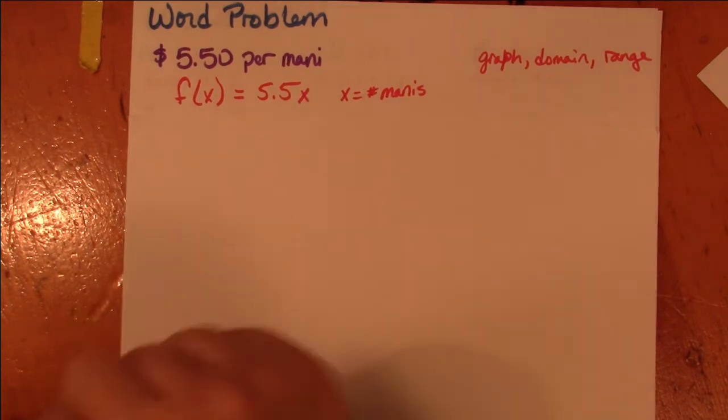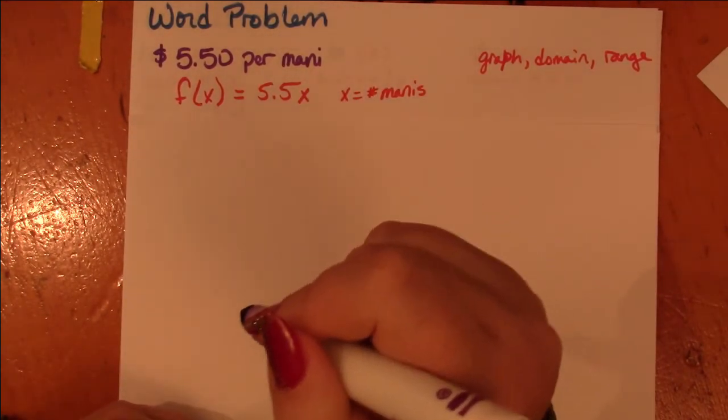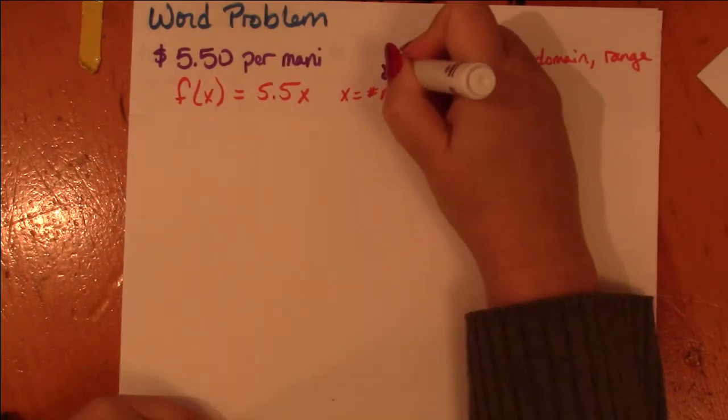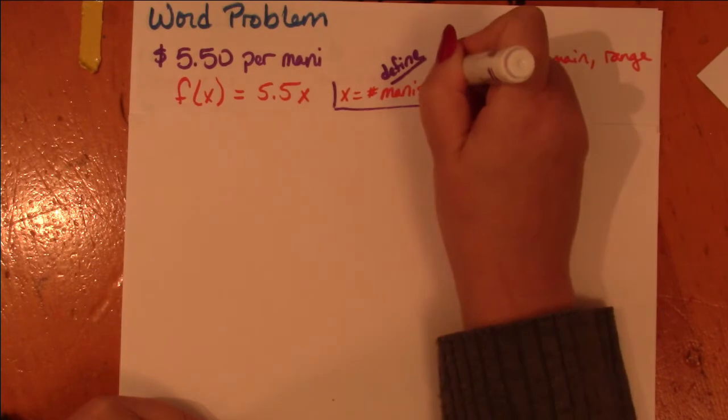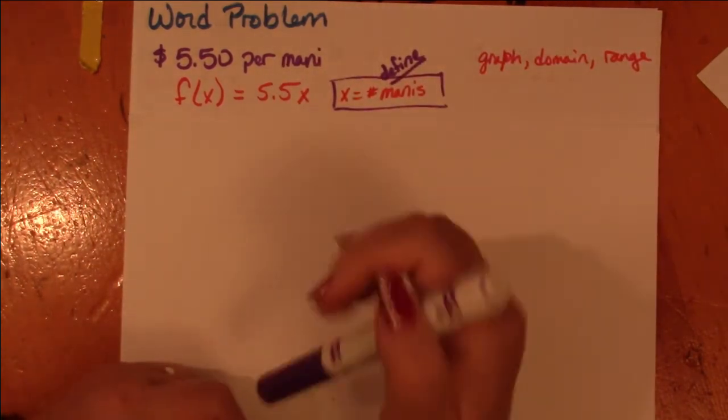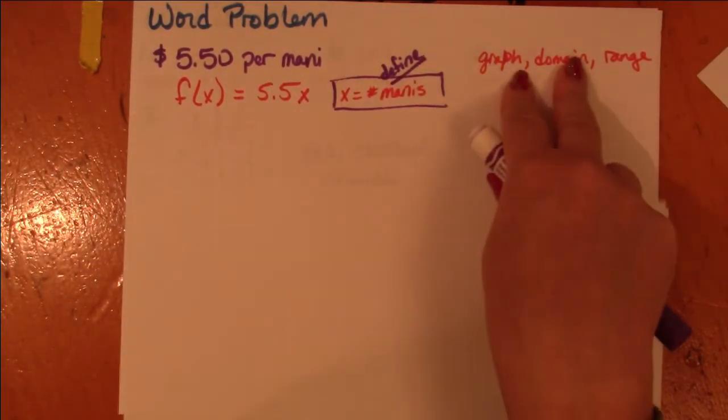Notice I have to define my variable. This is what that means. Just doing this means you've defined your variable. What does x stand for?